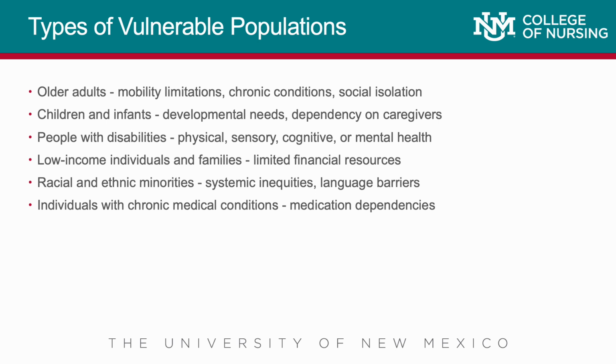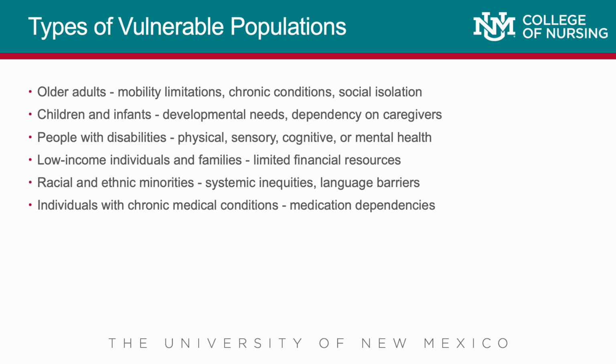Now, let's look at specific groups that are commonly identified as vulnerable populations. Older adults often have mobility limitations and chronic health conditions. Children and infants are entirely dependent on caregivers. People with disabilities face significant barriers to evacuation and communication.